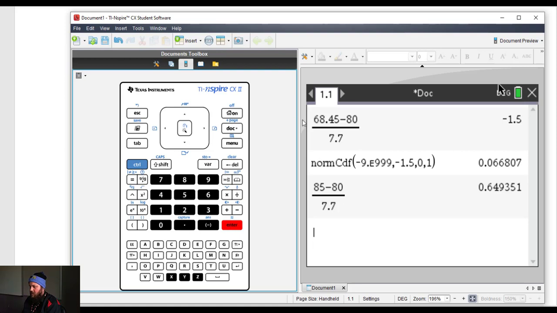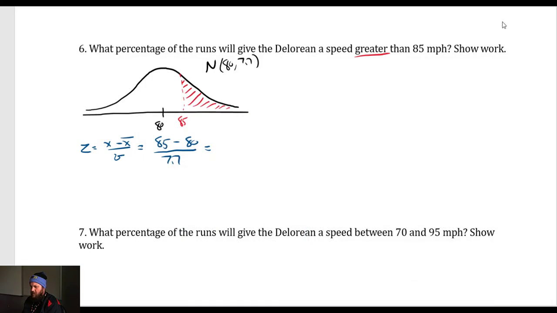Okay, so we should get 0.649, so I would say 0.65. So that's our z-score. I'm just going to write it right here again: z is 0.65. And we're wanting to find everything greater than that.